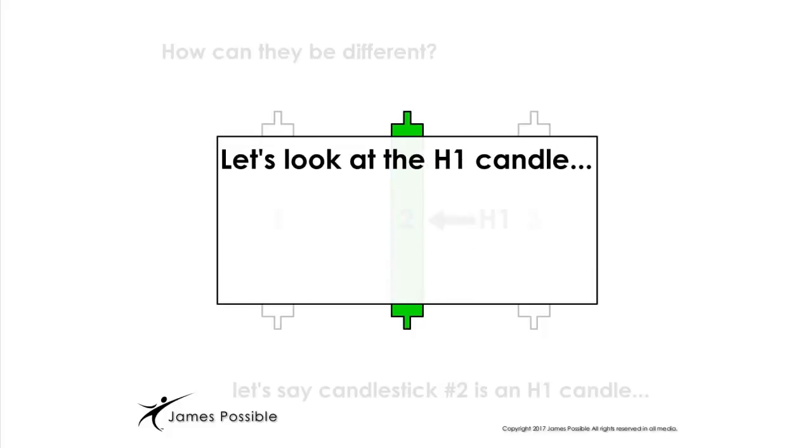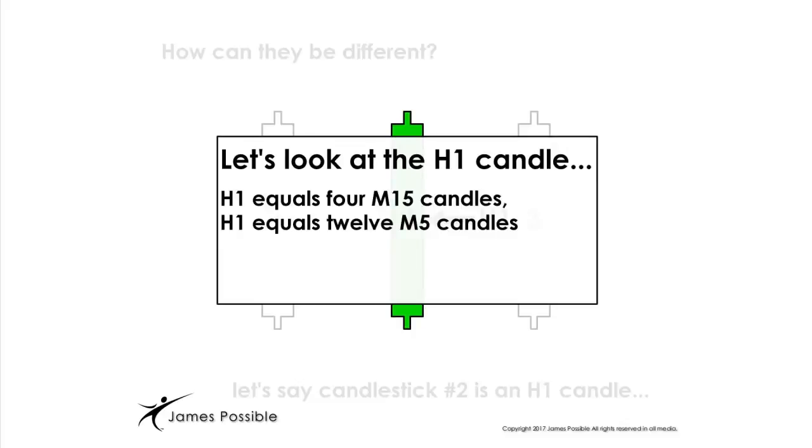Let's dig in a little deeper on this H1 candle. Let's talk about what it represents, what you're not seeing, right? An H1 candle, 1 hour, represents 4 M15 candles. M15 candles are 15-minute candles. An H1 price candle equals 12 M5 candles, and this is what we're going to be talking about shortly.